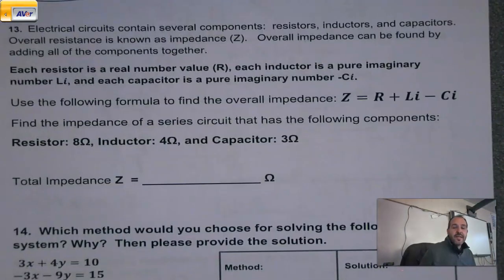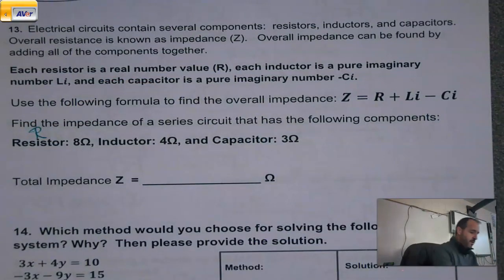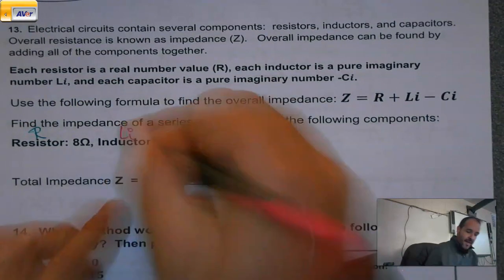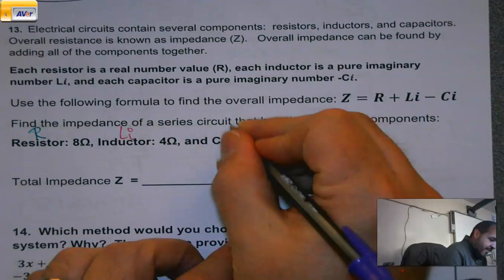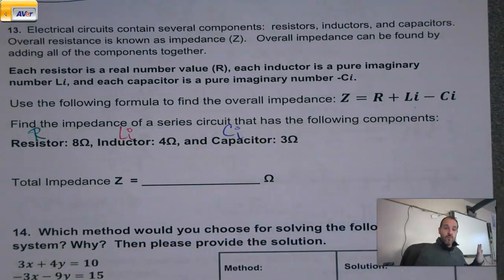Now we get down to here and we're like, hey, look at that. We just saw this recently. The electrical circuits are back. But we remember that all we needed to keep track of on this is that this is R, this is Li, this is Ci. The formula's right there. I just have to follow.